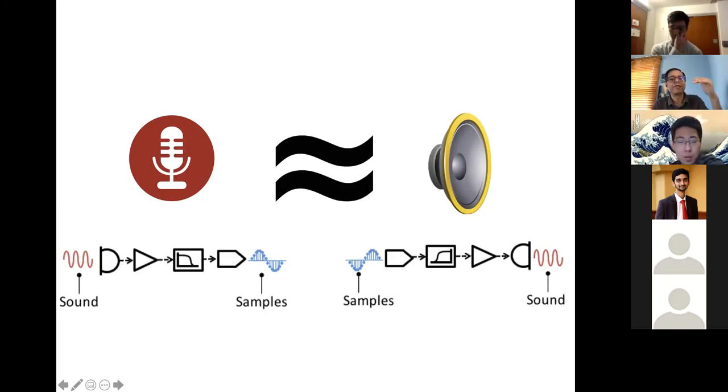The microphone takes in the air vibration, does amplification, filters, does an ADC, and gives you digital signals. The speaker takes digital signals, does a DAC, digital to analog conversion, filters, amplifies, and gives it to the speaker's diaphragm, which vibrates the air, and you hear sound. So if there's nonlinearity in the microphone, there's nonlinearity in the speaker. And nonlinearity is both in terms of frequency and power. So if you give a lot of power, it will activate the speaker's nonlinearity.